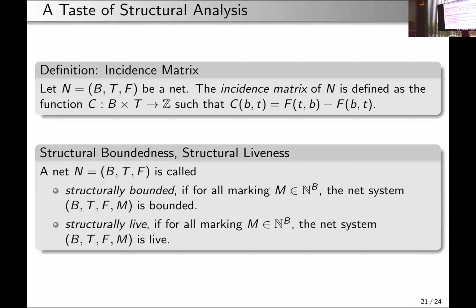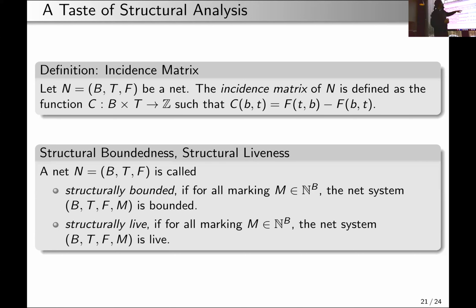So in order to do this, you need to work with the incidence matrix of the graph, which is very nice when the net is pure because it coincides with a flow relation. But when you allow for arcs going in two directions, then it will not tell you as much on the system. You're sort of losing information.